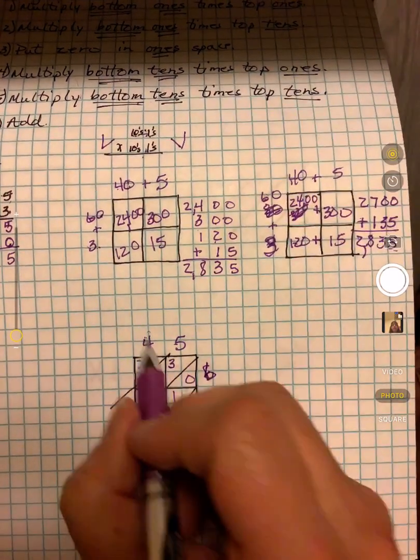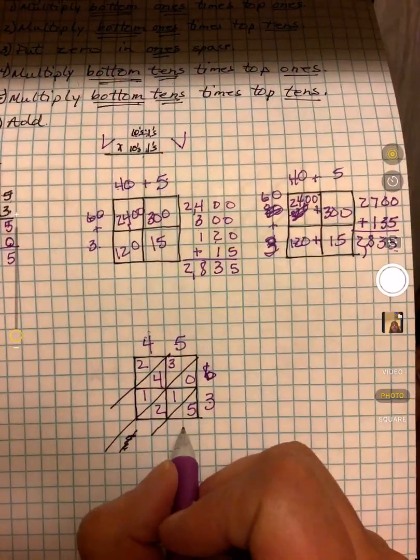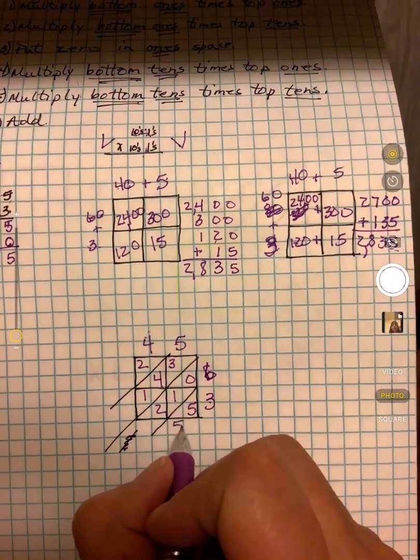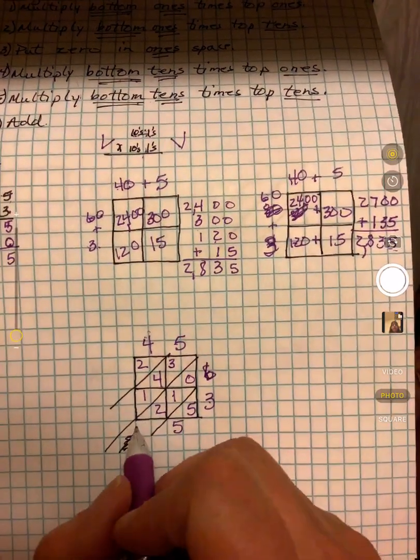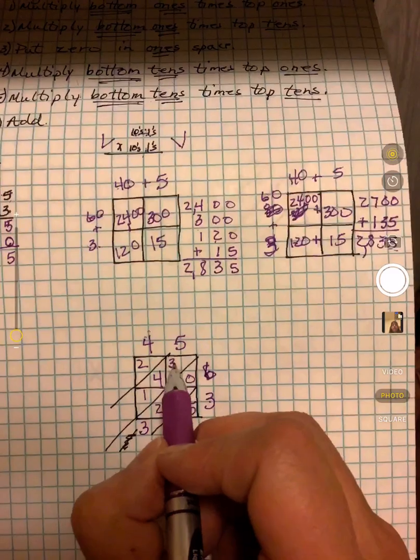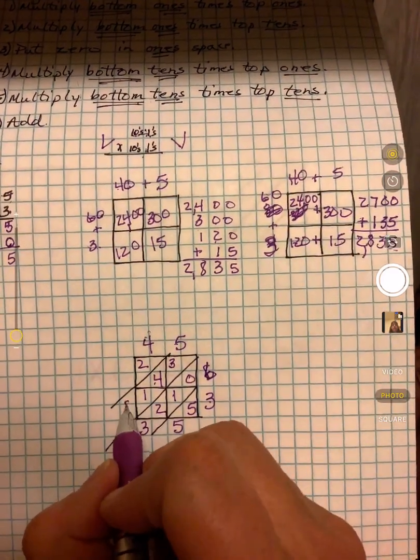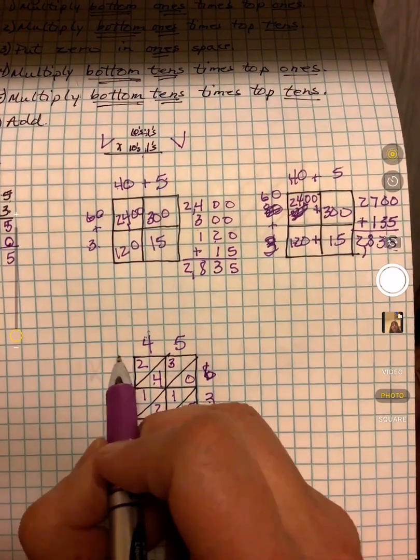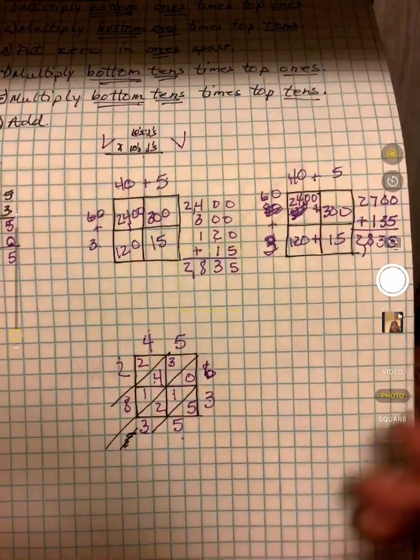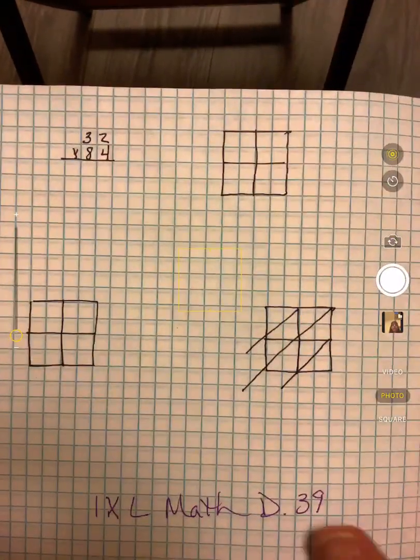And now I start adding around. 5 plus nothing is 5. 0 plus 1 plus 2 is 3. 3 plus 4 plus 1 is 8. And then 2. 2,835. Okay, so let's try another one.